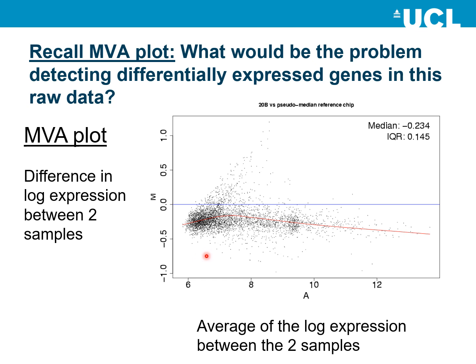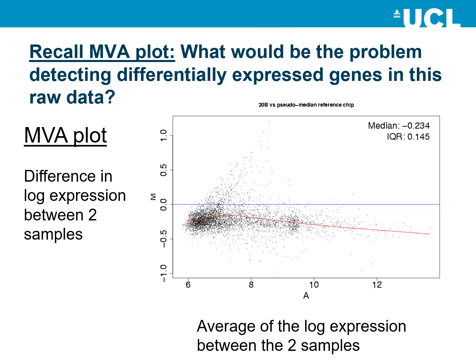So the key issue here is that one of the chips is reading values which are sort of biased. They're on average much lower than the other chip is reading. So you actually detect thousands of genes here that are differentially expressed, which are not really differentially expressed.